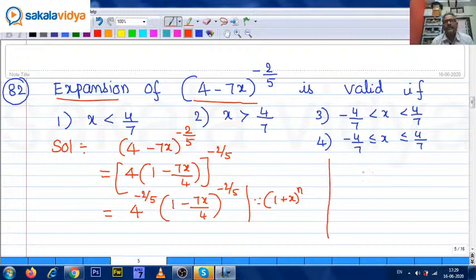So that means here you consider mod x is less than 1. Here x, you can take minus 7x by 4. Mod of minus 7x by 4 is 7x by 4. Mod is less than 1. That means mod x is less than 1 only, not equal to 1.